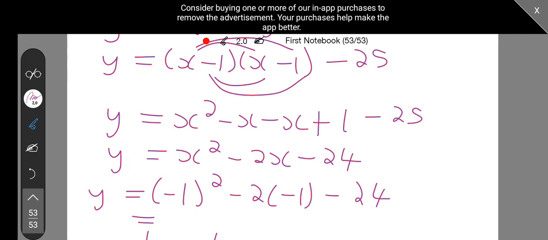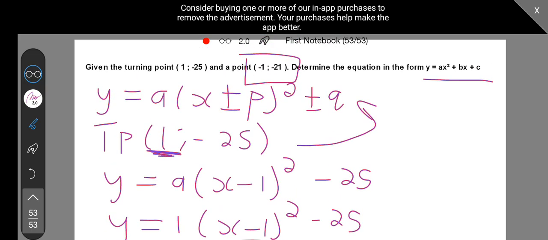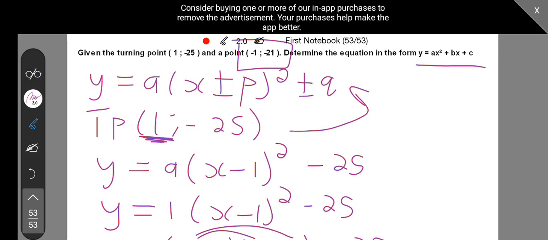So this is how we can calculate an equation of a quadratic function or a parabola given the turning point and a point. But don't forget that if they've given you the coordinates of the turning point, if here it is positive 1, when you write inside the brackets, you're going to write minus 1.